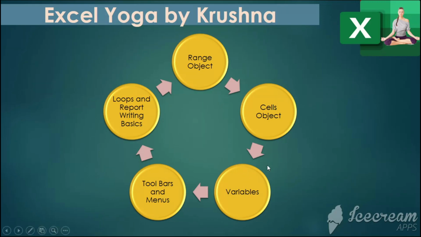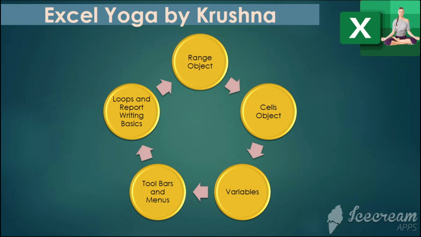Then I will give you a brief idea about variables, and the tools and menus available in our Visual Basic editor. Then loops, an interesting concept in Excel which will save you a lot of time. You don't have to write the same code again and again to do your task.